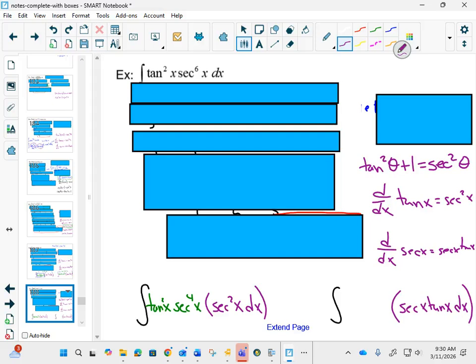And in the other one, if I took a secant and a tan x out, I'd be left with a tan x and a secant to the 5x. This one is where I would make my u tan. This is the one where I would make my u secant.